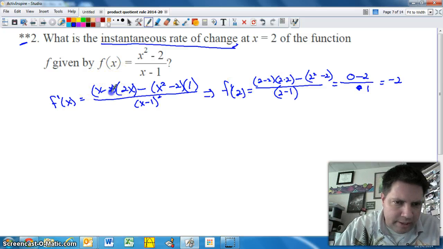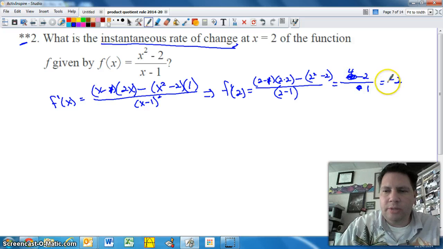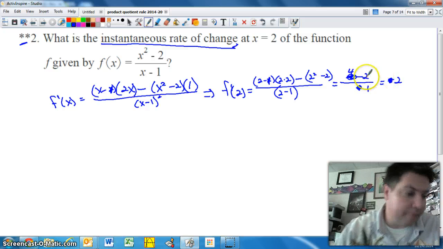Oh, that's a 1. So we have x minus 1 there, which makes it 2 minus 1, which makes it 1 times 2 is 4. So 4 minus 2, which gives me positive 2 over 1. So we get 2, which matches my key better.